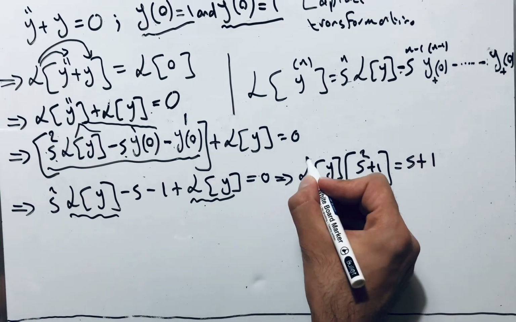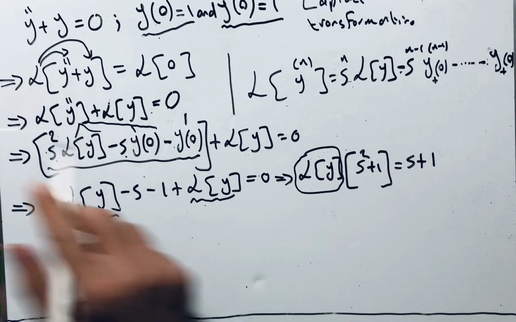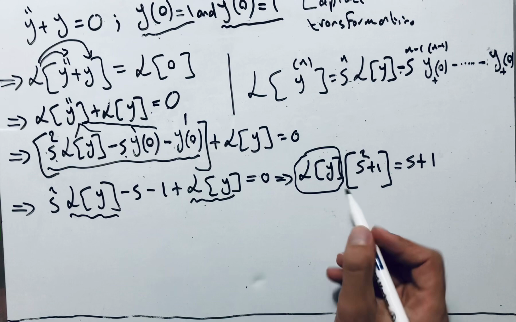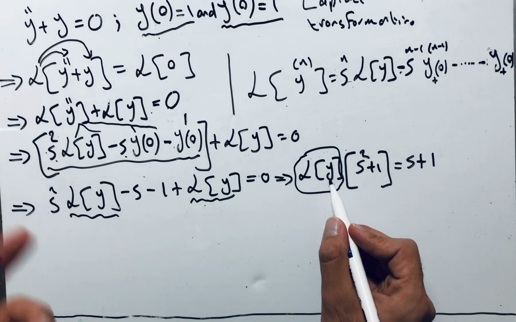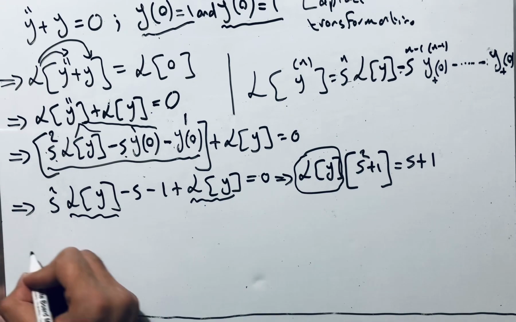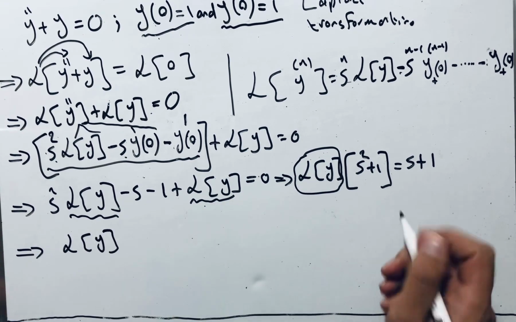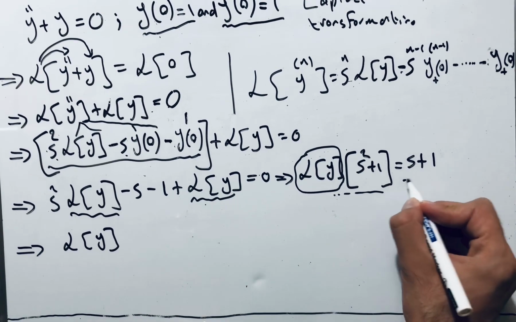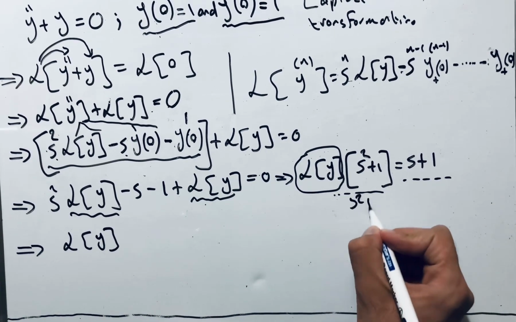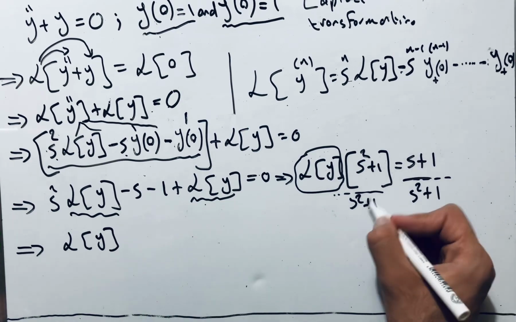And what are we looking for here? We're looking for the original function, so y. So we need the Laplace of y alone on the left side. From here, the Laplace of y is equal to, we can divide both sides by s squared plus 1, so these two cancel.